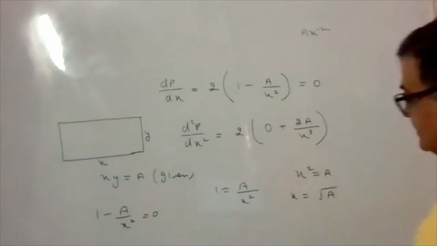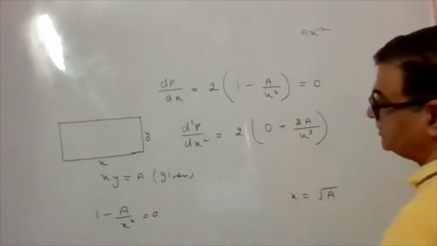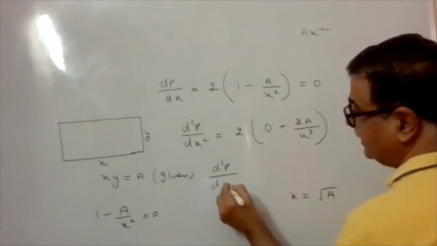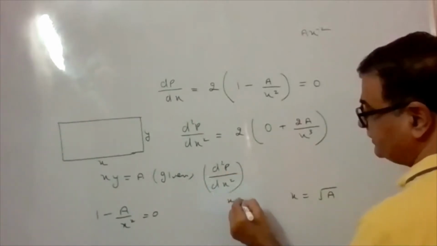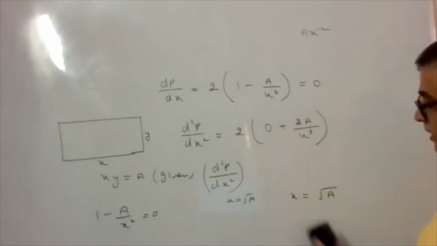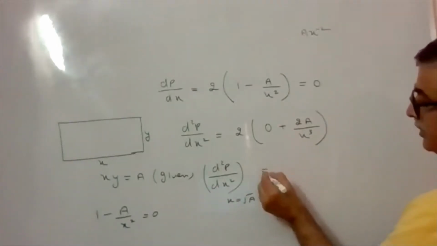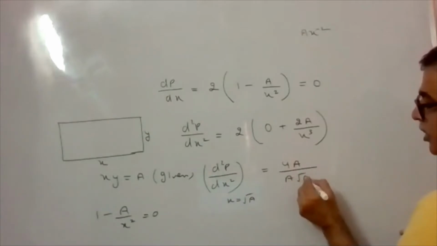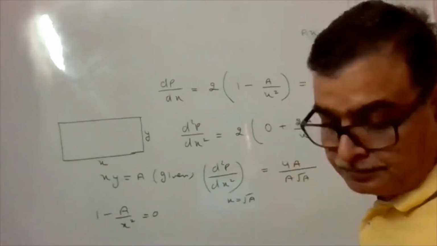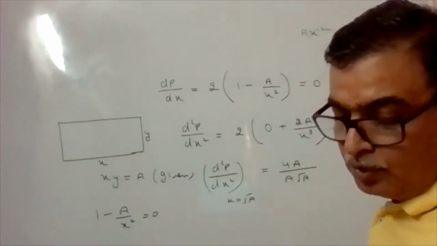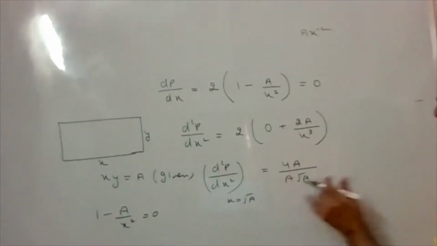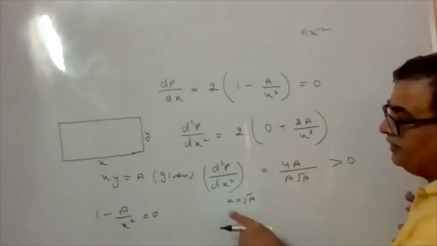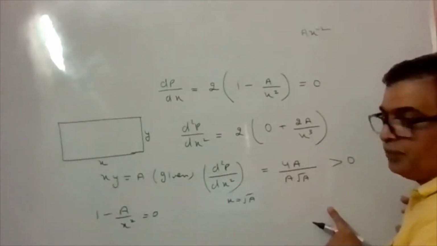And now we check whether it is maximum or minimum. So d2P by dx square, where x is root a, will come 4a by a root a in the denominator. Yes or no? This is coming greater than 0, so it indicates that the second derivative is coming positive.